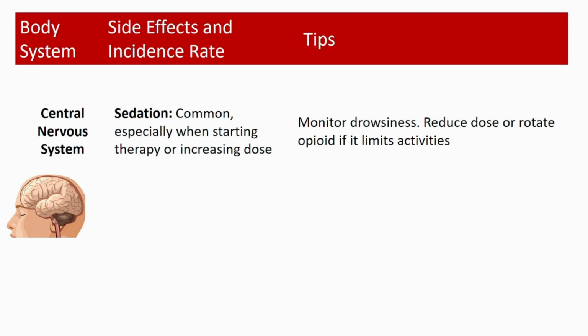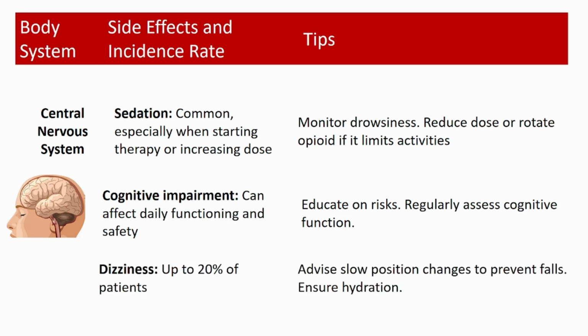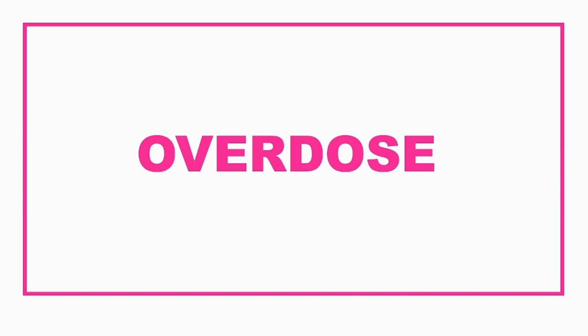Therefore, reduce the dose or rotate the opiate if it limits activities. Cognitive impairment can affect daily functioning, so it is important to monitor cognitive function. Dizziness occurs in up to 20%, so there can be more risk of falls. To avoid the risk of falls, slow position changes are recommended.